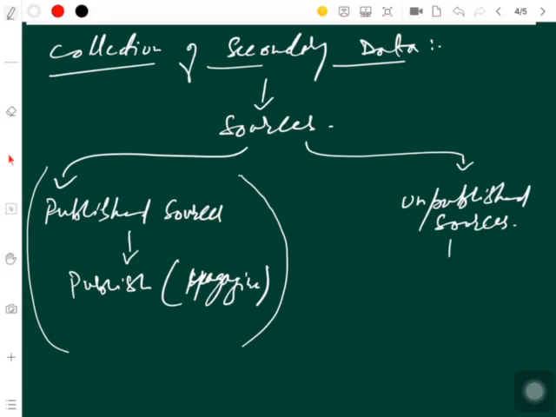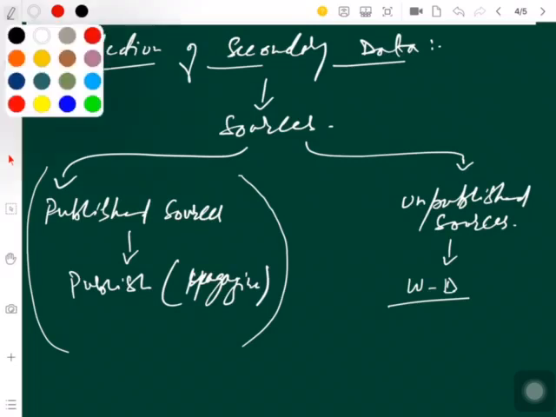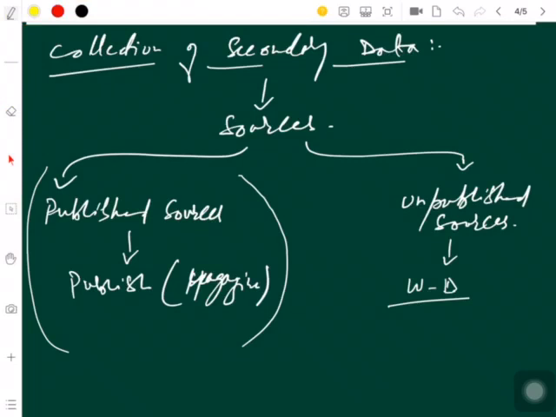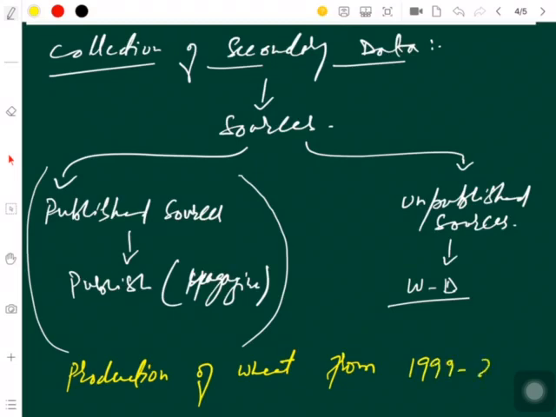Say I am visiting the weather department. My field of inquiry is to look into the production of wheat from 1999 to 2005.